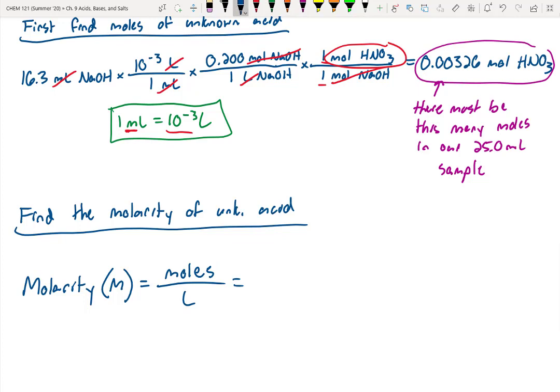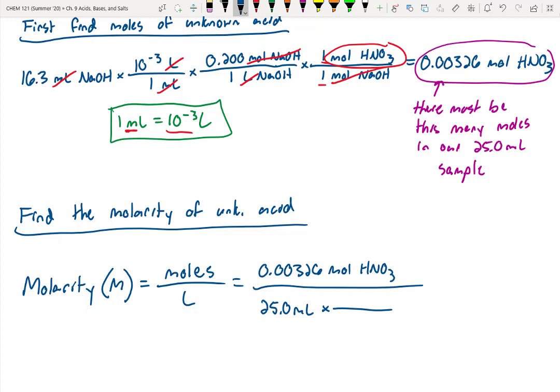So I would say that there's 0.00326 moles of HNO3. And I know the volume that we had was 25 milliliters, not liters. So I'd do the same thing I did before. If we have milliliters, we need to convert it to liters.